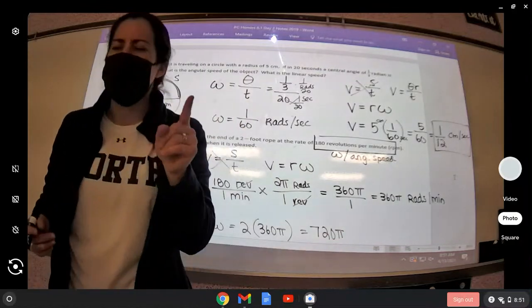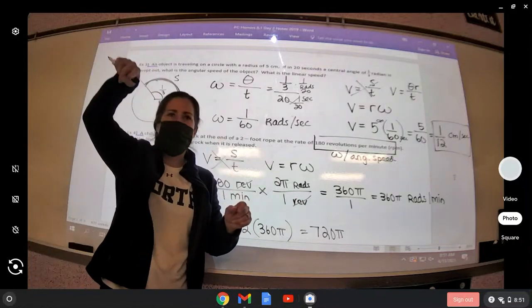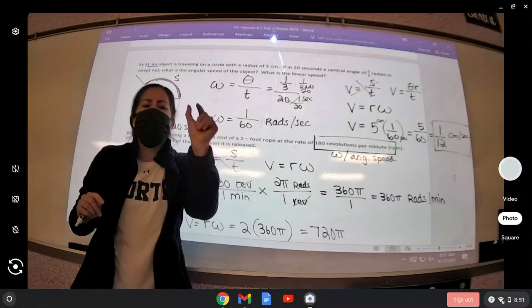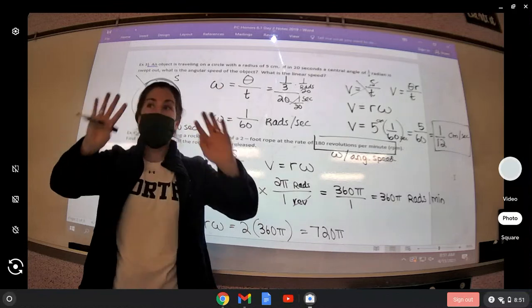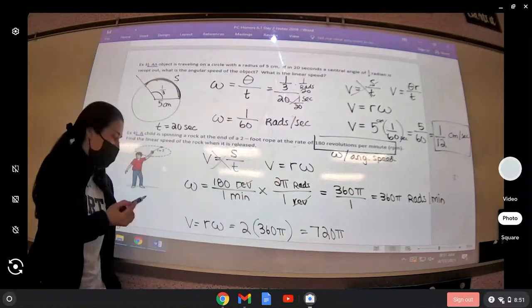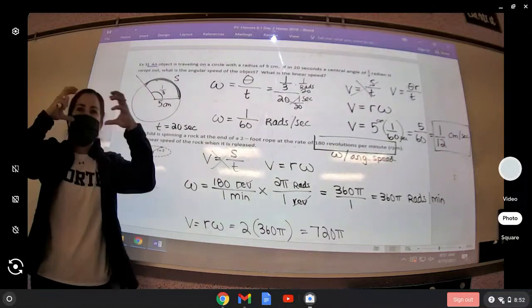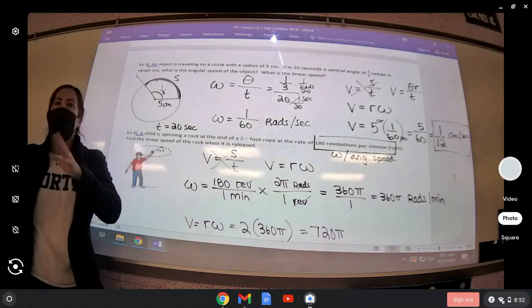And I believe there's a question that literally tells you, normally I just use the pi button when I want to use pi, but somewhere, I think in one of the homework problems, they give you use 3.14159 for pi. So they actually tell you a number to use for pi. All right, and then what's the measurement going to be? For linear speed, remember, that's the speed of the object. So it should be like a distance measurement over time, like inches per second, miles per hour.